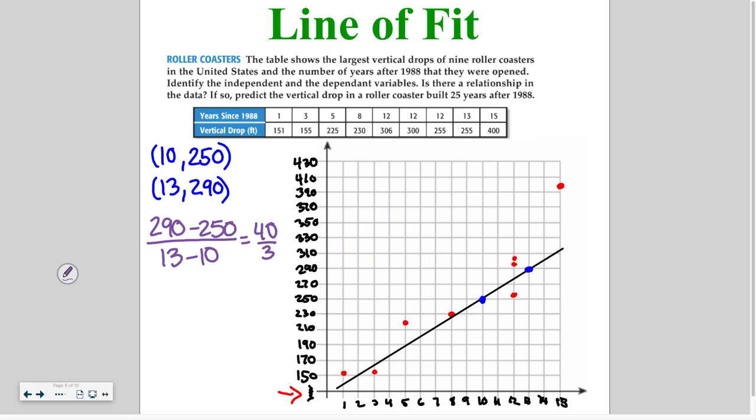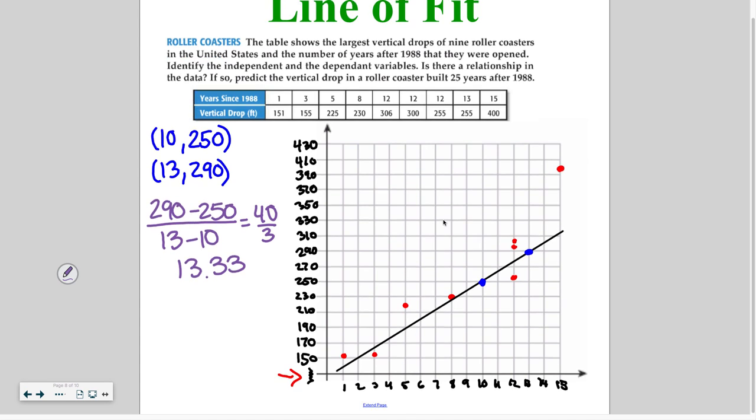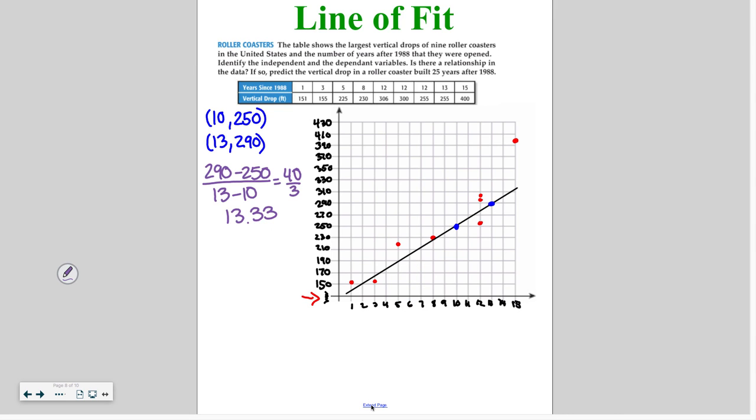So when you are working with scatter plots, it is completely fine to turn your slope into a decimal. So when I convert 40 divided by 3 into a decimal, I end up with 13.33. Make sure that you are using 2 decimal places.